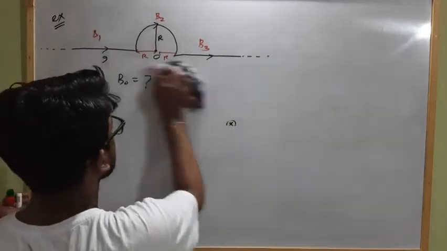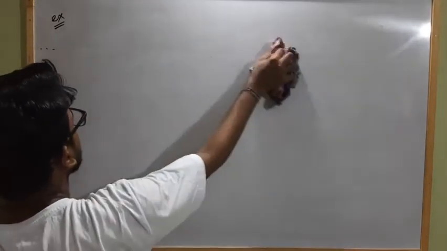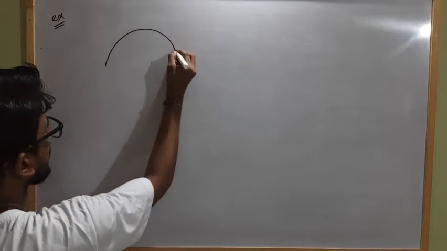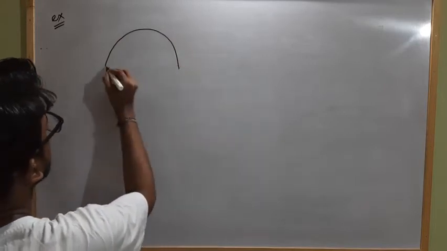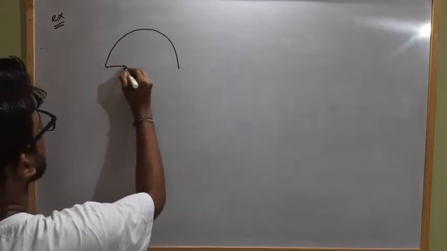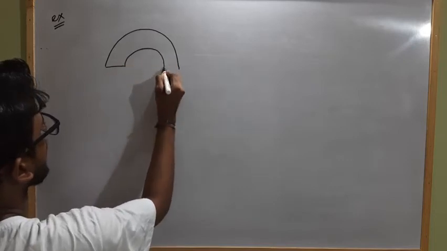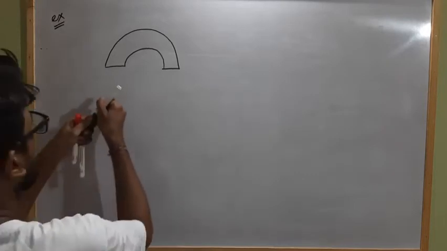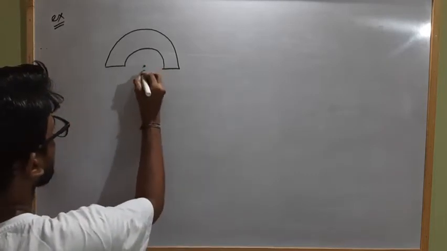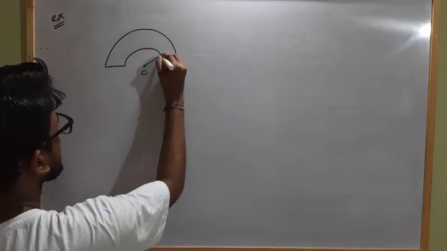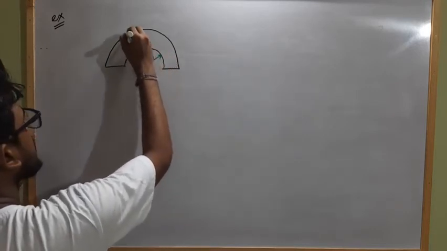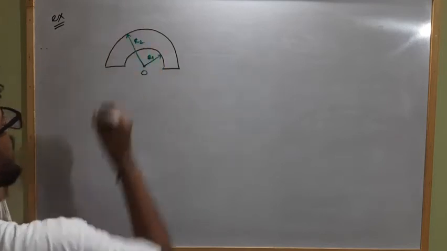Next, if here is a semicircular loop, here is the point of observation O, and this radius is R1 and this radius is R2.